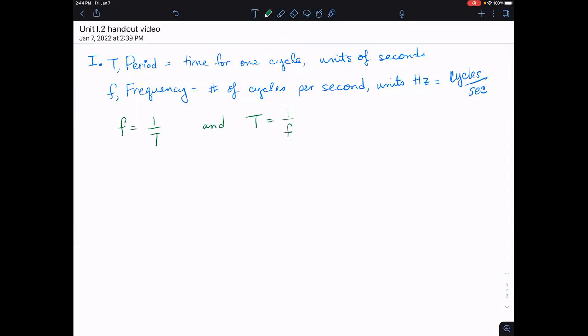Depending on which one you're given, that will determine which one you use. This is an inverse relationship. If one goes up, the other goes down. So usually I'll just write an arrow for goes up.